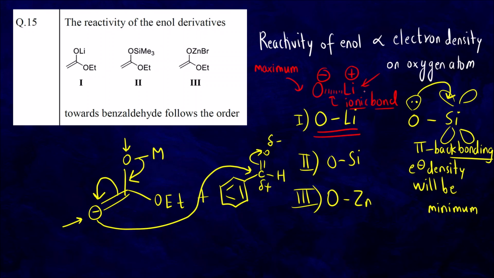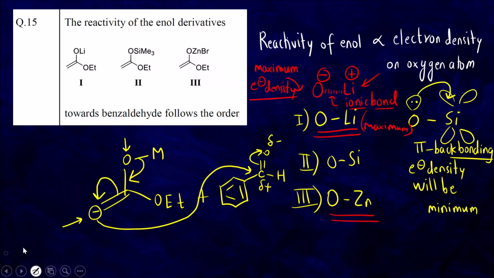Lithium is a very highly electropositive element, and oxygen, we know, is one of the most electronegative atoms. So here the electron density on oxygen is maximum. Since the electron density on oxygen is maximum, the reactivity of the oxygen-lithium bond is going to be maximum, and oxygen-zinc will be in between.